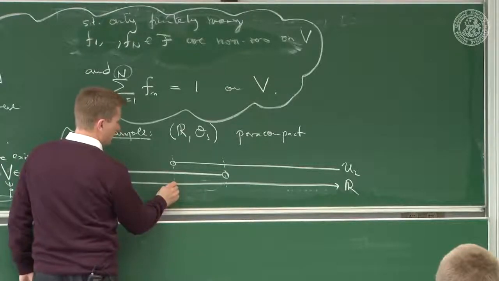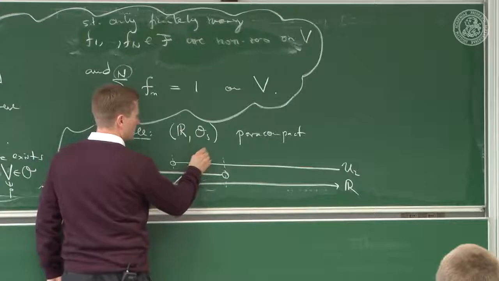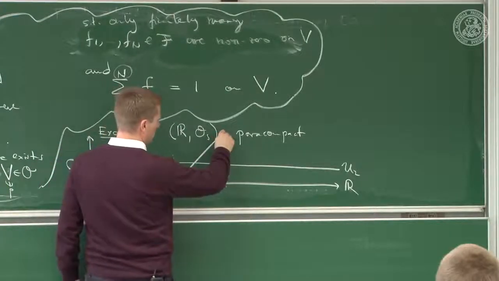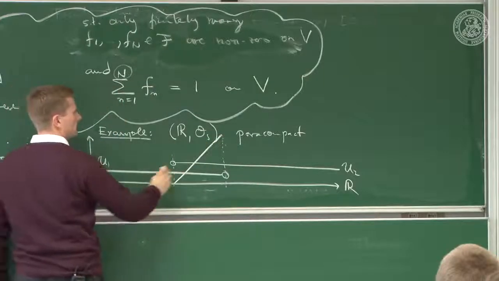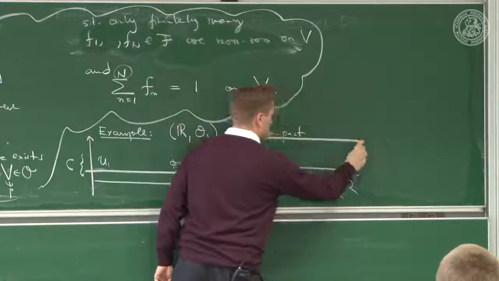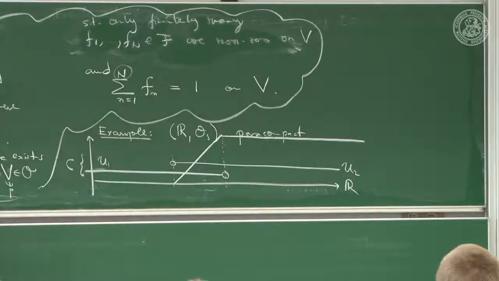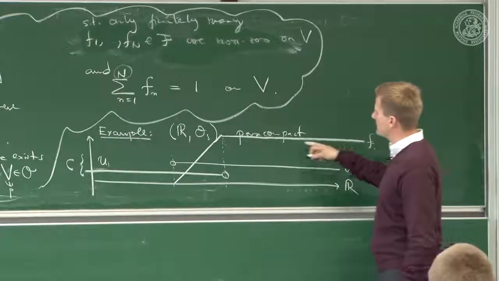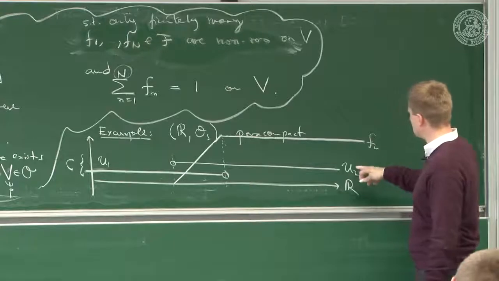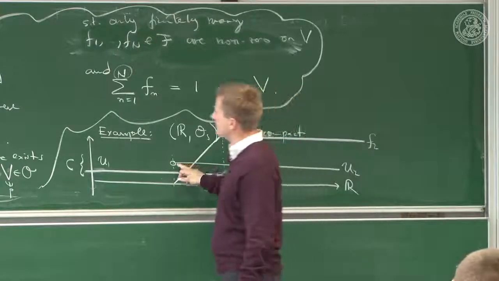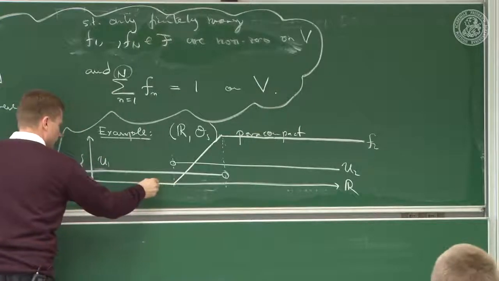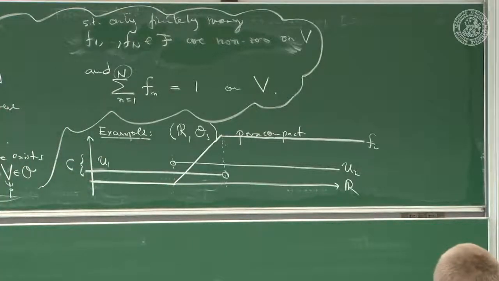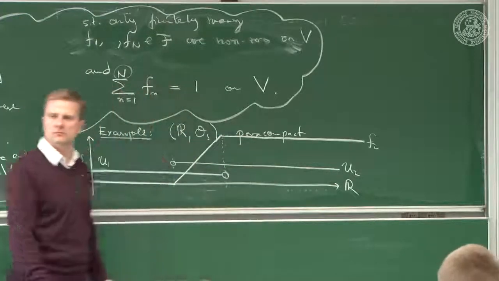I could go up from 0 to 1, like I reach 1 here, and then I go like this. So this is at height 1. And this would be function f2. And you see, for this f2, there is a set U2 such that f2 is 0 here. For this f, there is a U such that if f is non-equal to 0, at those points you are in U2. Is that clear?